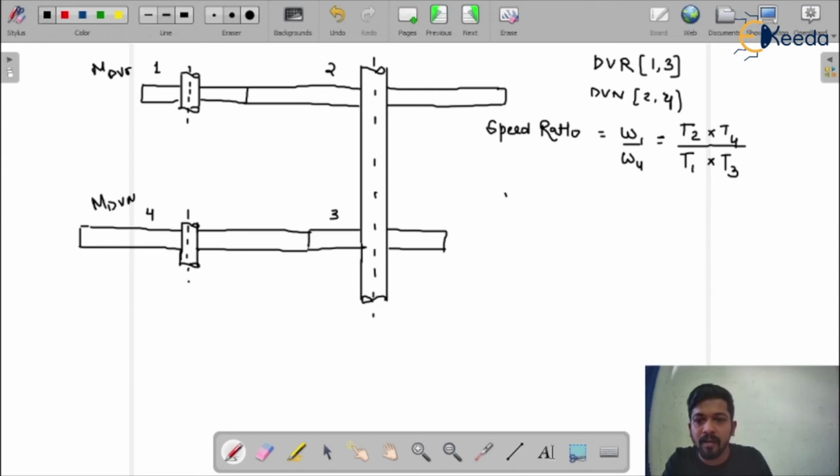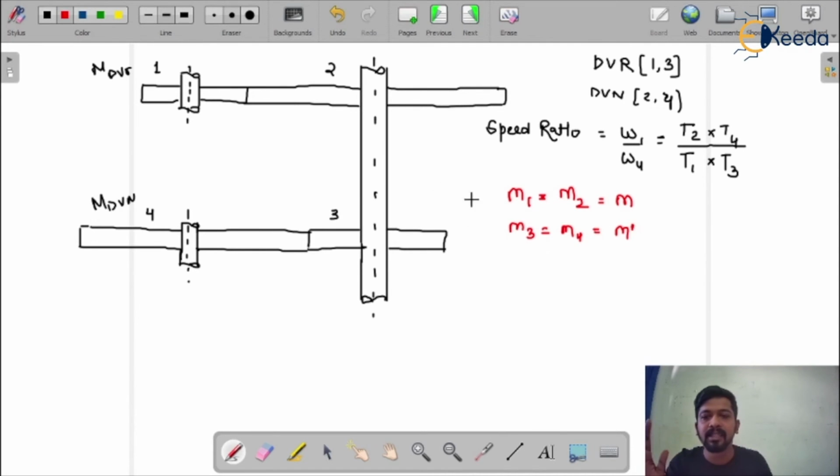So I can write m1 is equal to m2 is equal to m. Both are mating gears, so the module is the same for both. And here 3 and 4 are mating gears, so m3 is equal to m4 is equal to m dash.